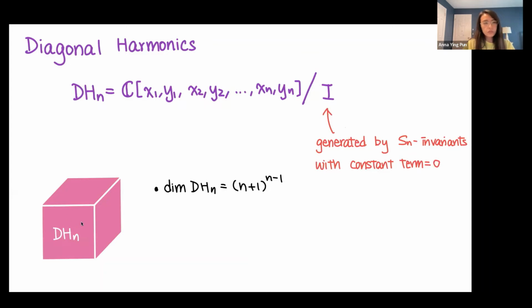And for this module, if you calculate the dimension, just like last time we calculated the dimension and found n factorial, this time you get (n+1)^(n-1). If you're in graph theory, you already know this is the number of rooted trees on n+1 labeled vertices, which is also the number of parking functions, right?